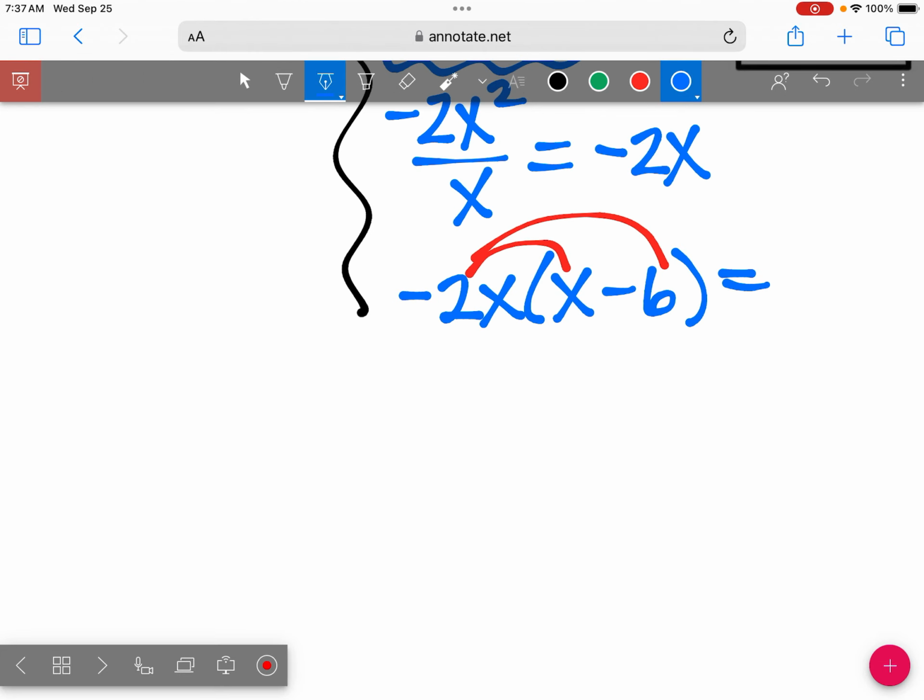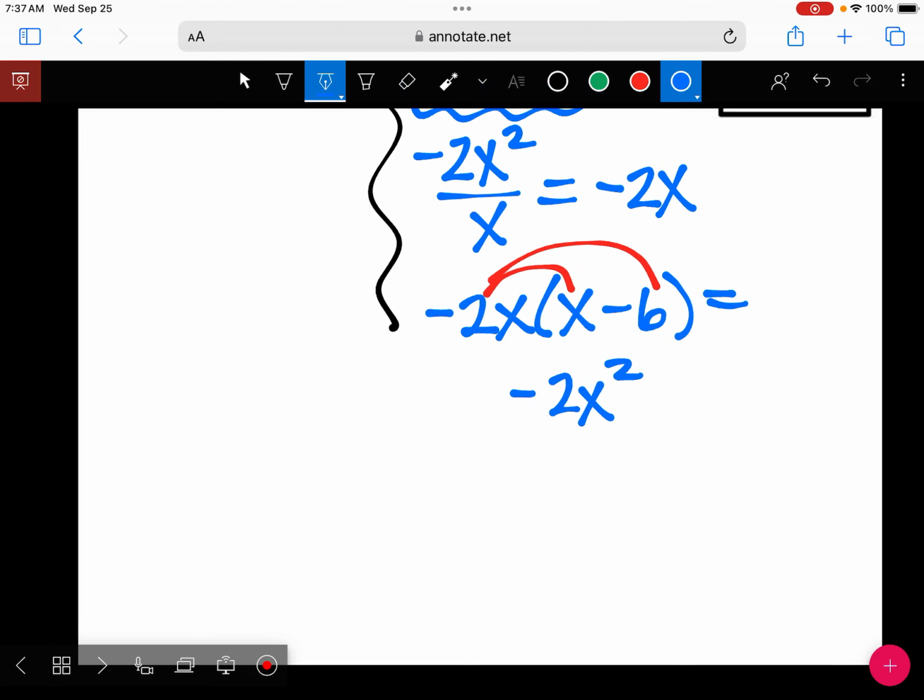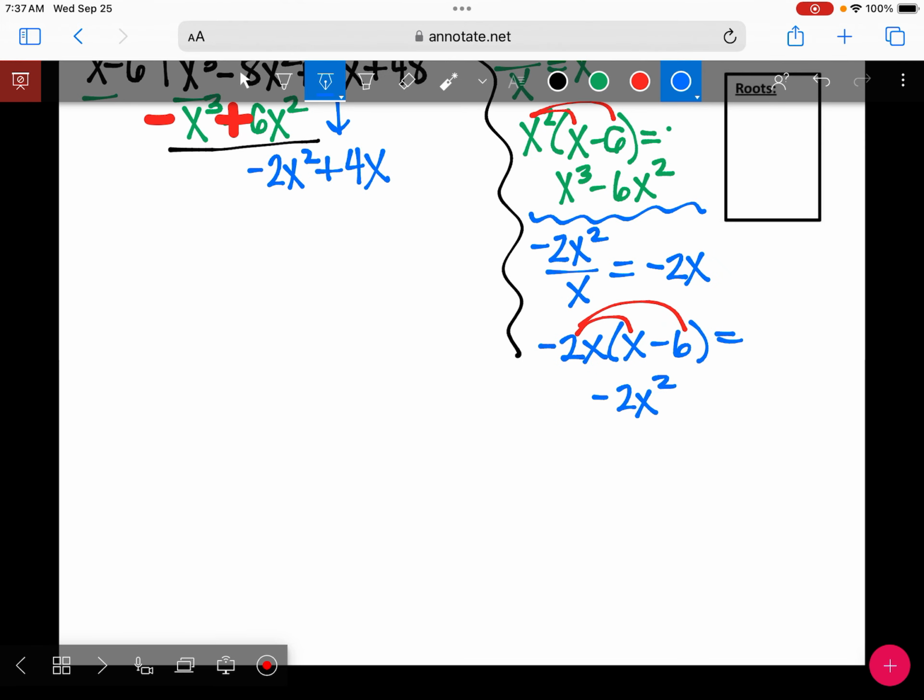So negative 2x times x, what is that? Negative 2x squared. And what's negative 2x times negative 6? A negative times a negative is what? So plus 12x.